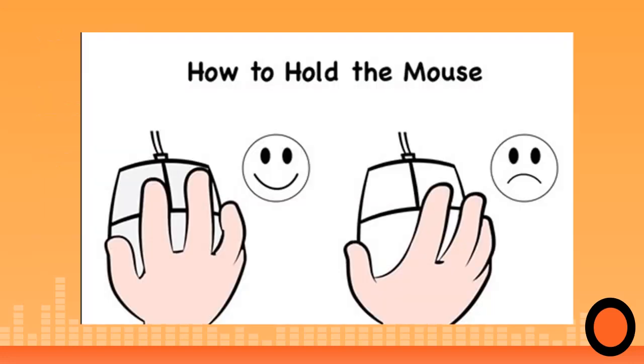Now, before we finish, I'd like to revise a few things. Remember to be careful while handling the mouse. You should not pull or tug at the wire. You should click gently. And another thing to remember about the mouse is that it has a home. Do you know where we keep a mouse?